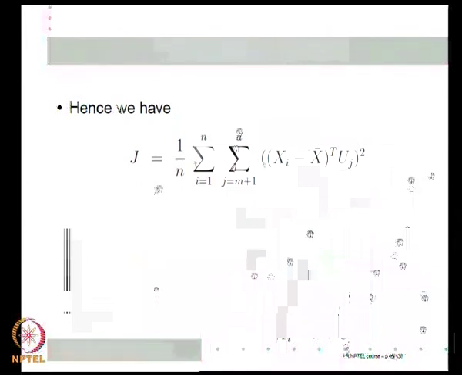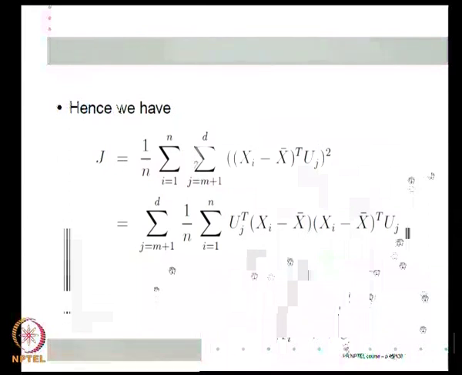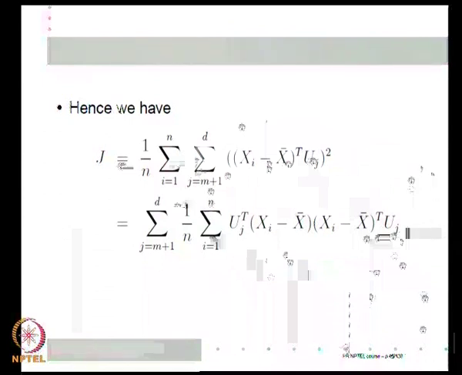So, I can write the square as follows. I first interchange the two summations, both are finite summations: j is equal to m plus 1 to d, 1 by n, i is equal to 1 to n. I write this square as uj transpose xi minus x bar into xi minus x bar transpose uj. Okay. By writing like that, now I have a very interesting structure here. Right?